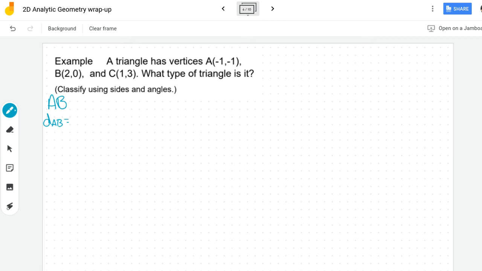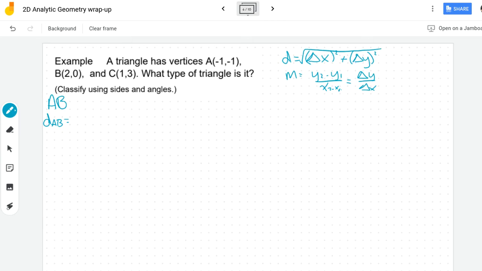And like I said, I'm hoping you know these by now, but here they are. Delta x squared, or x2 minus x1, plus delta y, or y2 minus y1 squared, and then the whole thing square rooted. And then the slope is y2 minus y1 over x2 minus x1, or delta y over delta x.